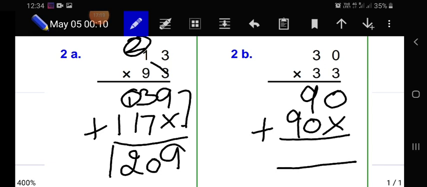Now we have to add both these numbers. 0 plus nothing is equal to 0. 9 plus 0 is 9. So the answer is 990. Okay, so this is how we are going to do our practice sum for this multiplication with 2 digits. Understood?